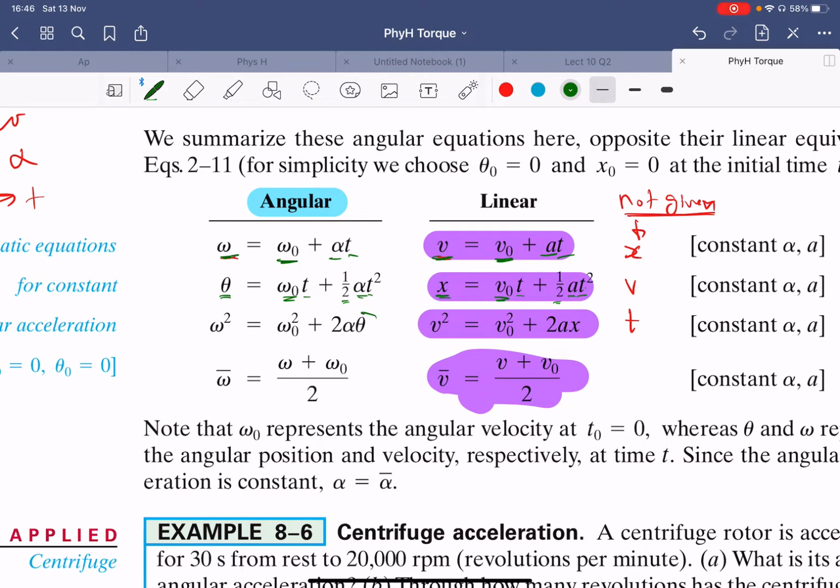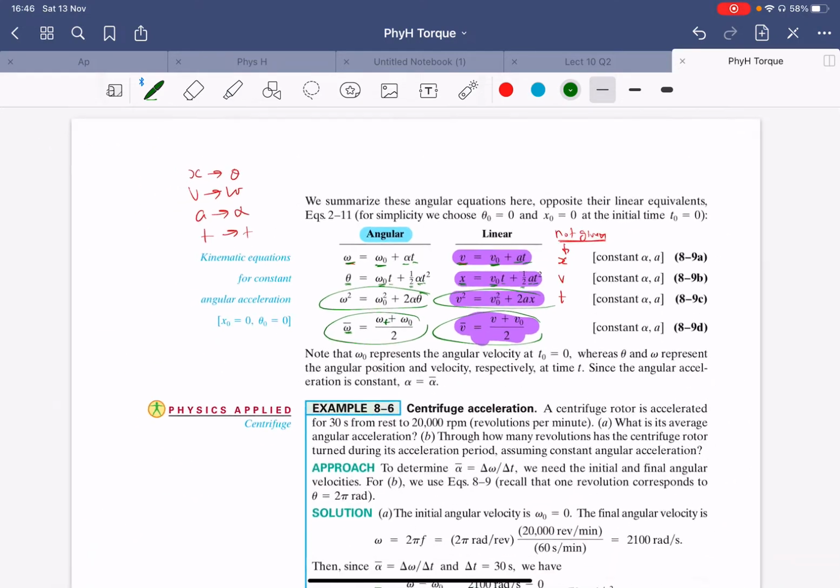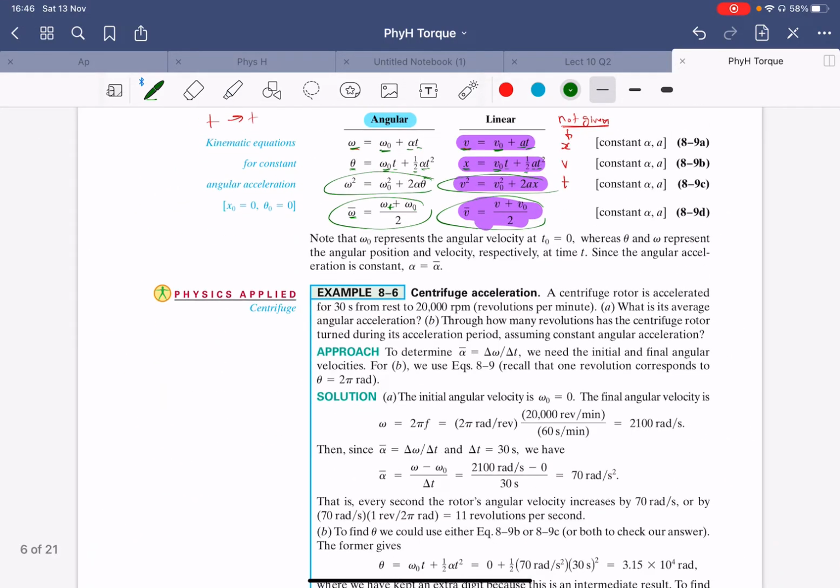You do the same thing for this equation and for that equation. So you get the average angular velocity by omega final plus omega initial over 2, right? Okay, let's look at an example here.